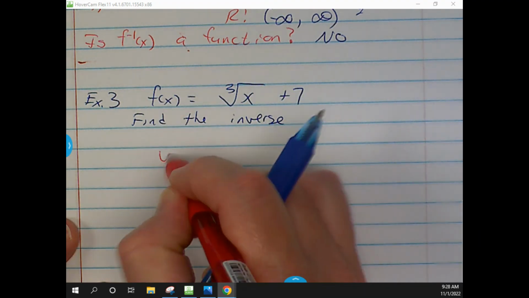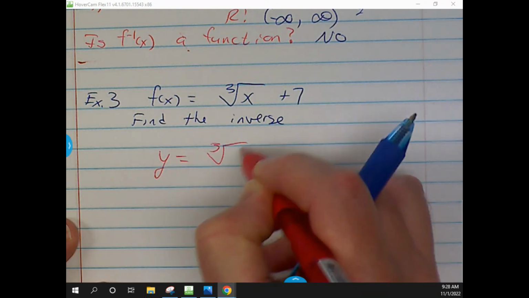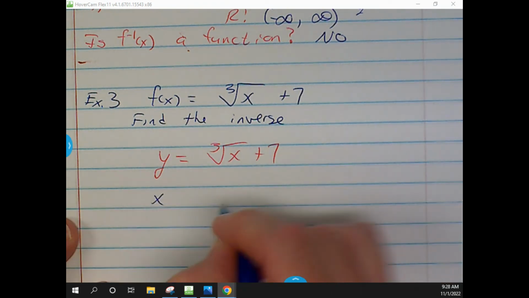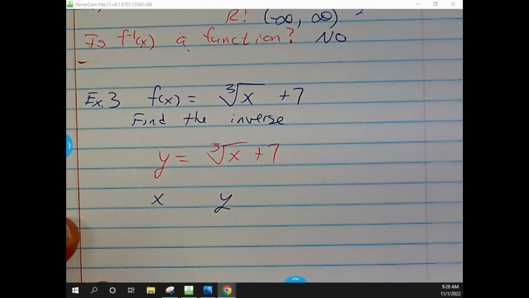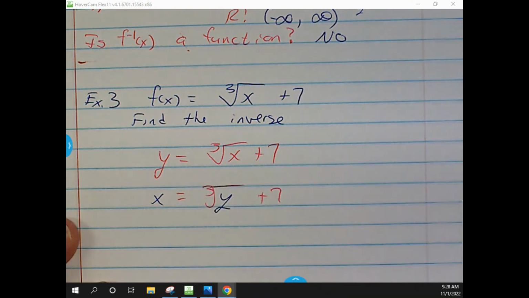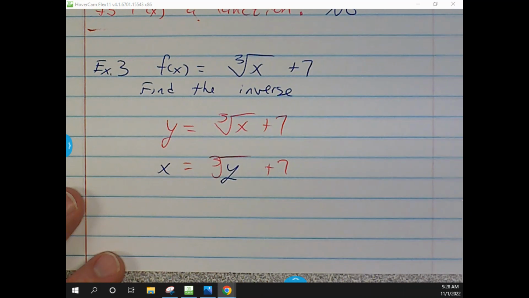Again, instead of f of x, it's just y equals. Switch the x and the y, so the x goes here, the y goes there, and everything else around it stays exactly the same. So now it's the third root of y plus 7 instead of the third root of x plus 7.